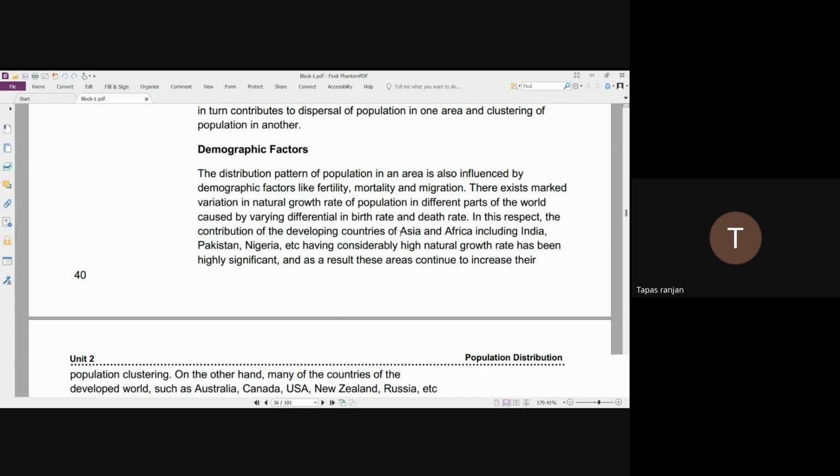The natural growth rates are very high as compared to the USA and European countries. The natural growth rate in India and in the Asian countries is very high, so definitely the population will be very high.